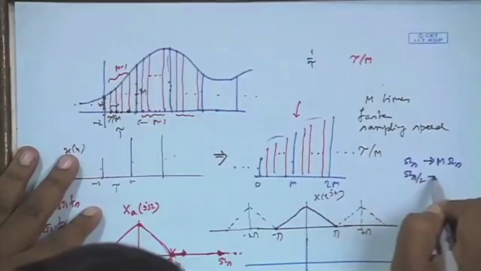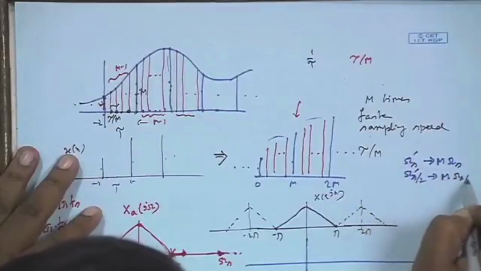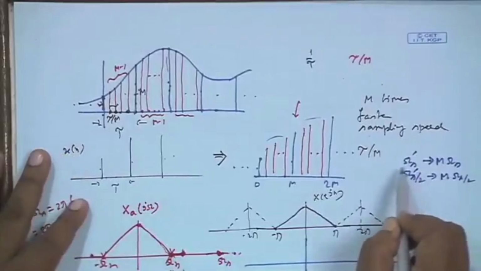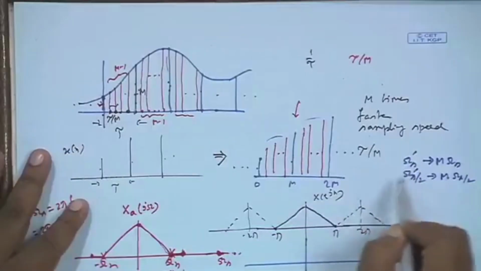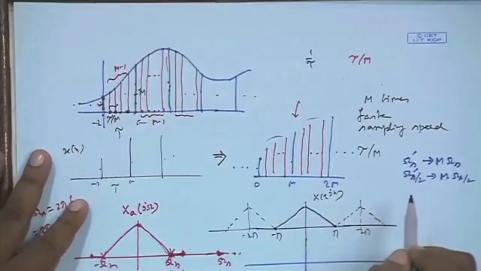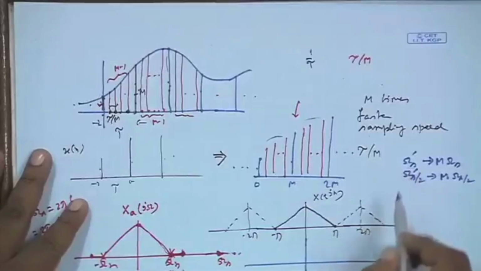Omega s prime by 2 is m times the original omega s by 2. But I know that half the sampling frequency, whatever sampling frequency is employed, will always map to pi. So this will go to pi.